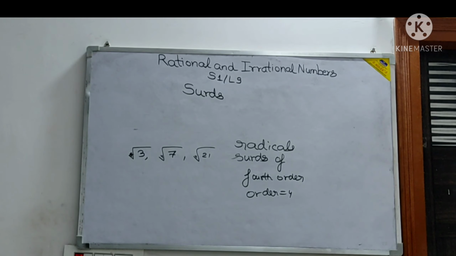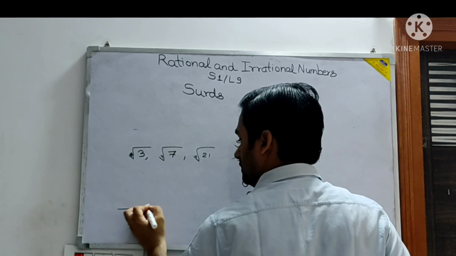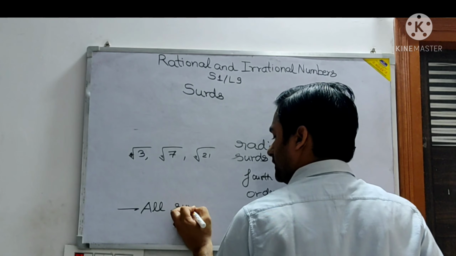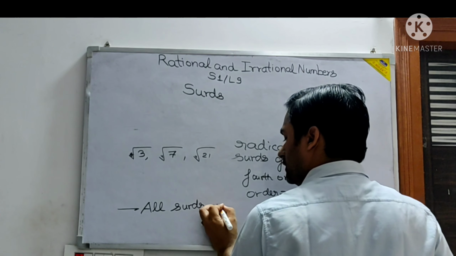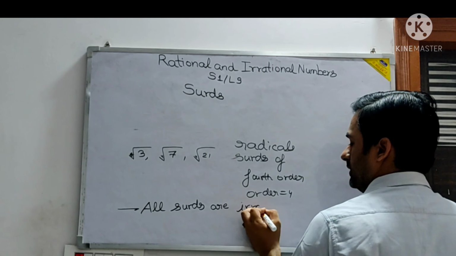And one line at the bottom will be what? That you should note down in the copy also. All surds are irrational numbers.